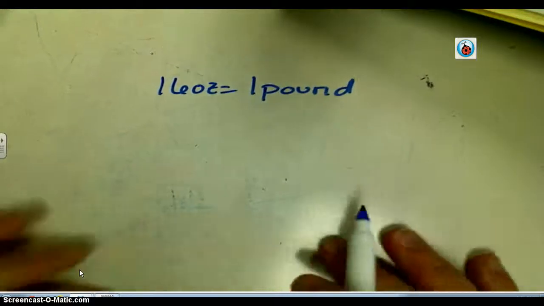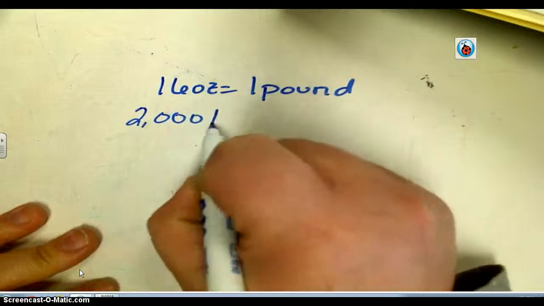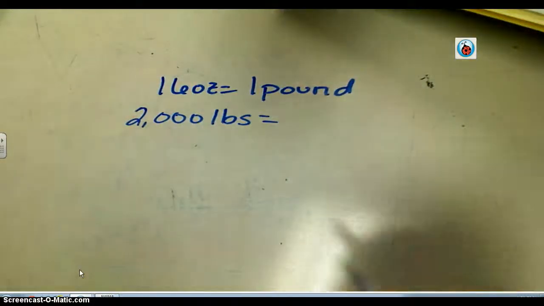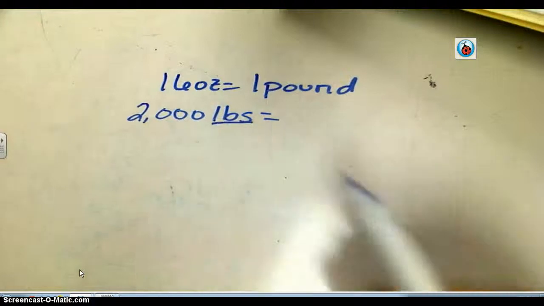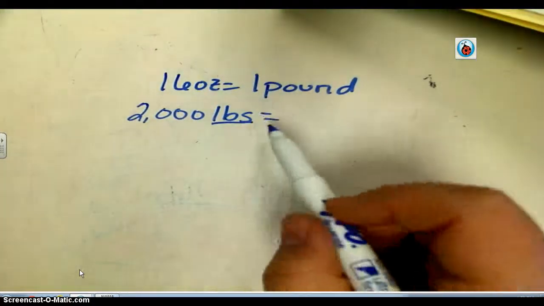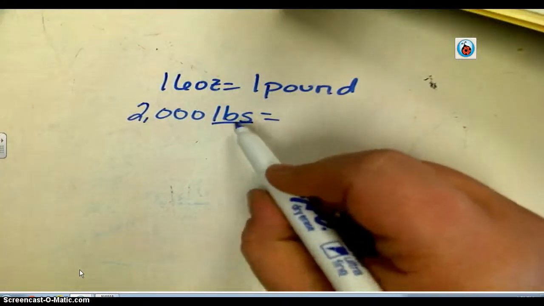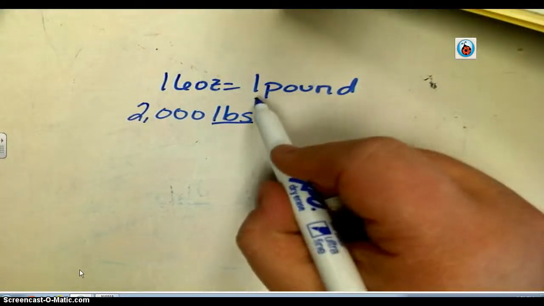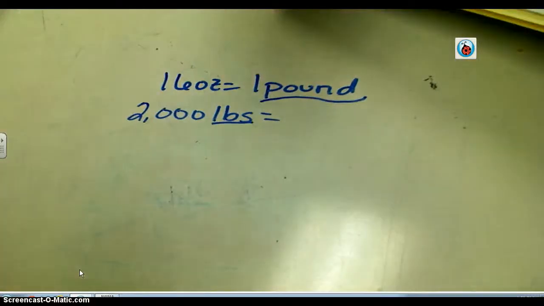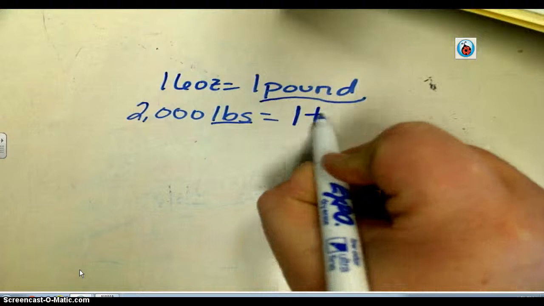It also tells us that there are 2,000 pounds, and we abbreviate pounds with LBS. Do you all know that? If you didn't, now you do. I really can't explain to you why they chose to abbreviate it as LBS, because it doesn't spell pounds, does it? No. But 2,000 pounds is equal to 1 ton.